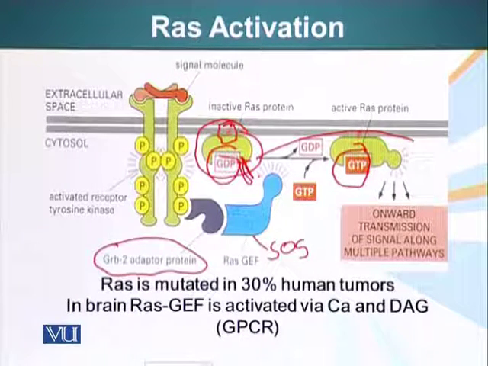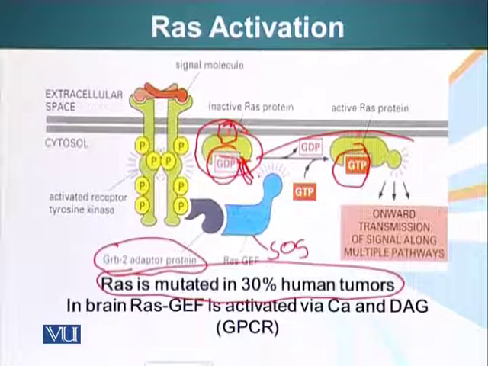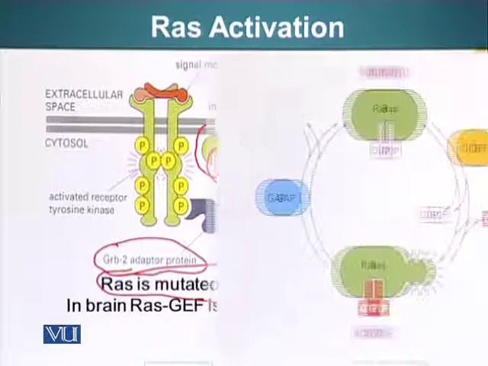But here I would also like to mention, we have already said that this sort of signaling basically results in cell proliferation, cell division, or survival. It's pertinent to mention that RAS is mutated in 30% of human tumors or human cancers because these signals are telling cells to divide. And it is these types of signals, uncontrolled cell division, that are basically cancer.